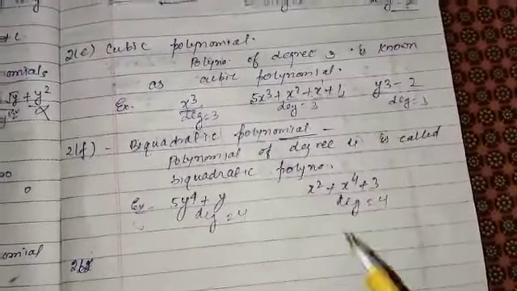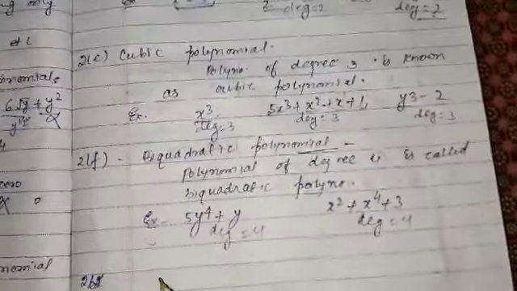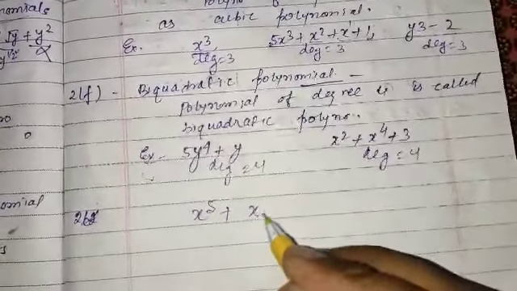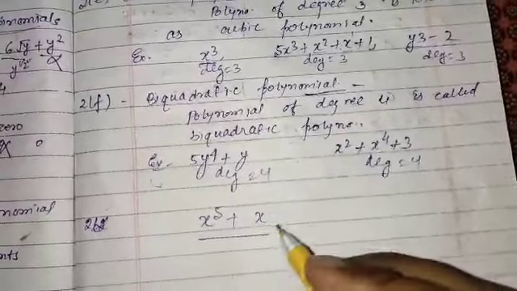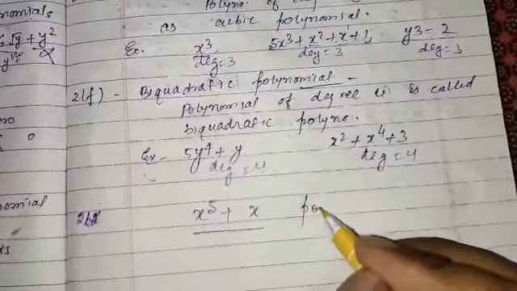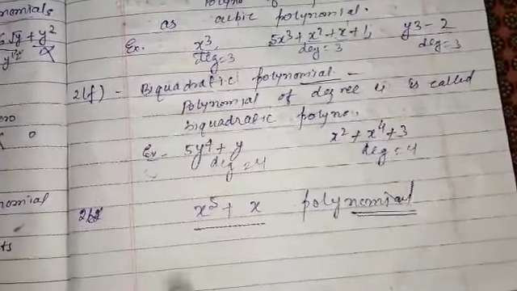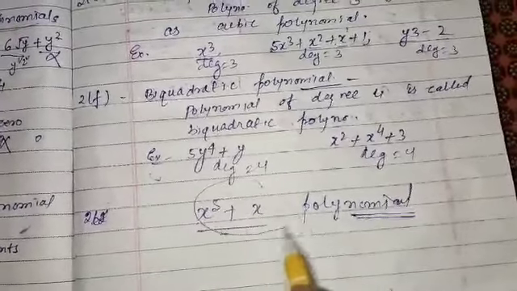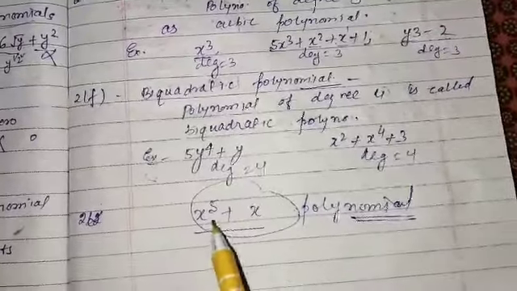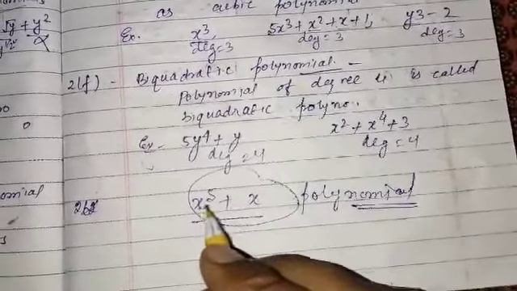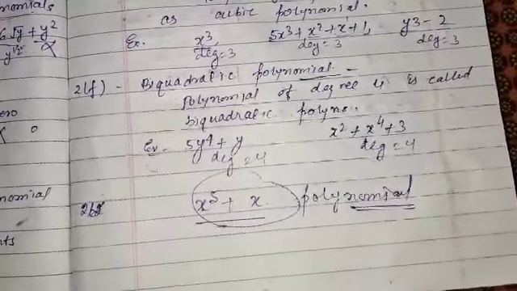And if you say, sir, if there is degree 5, x power 5 plus x, then it will be taken as generally a polynomial. No need to define it or give a special name for this. You will say that this is generally a polynomial.